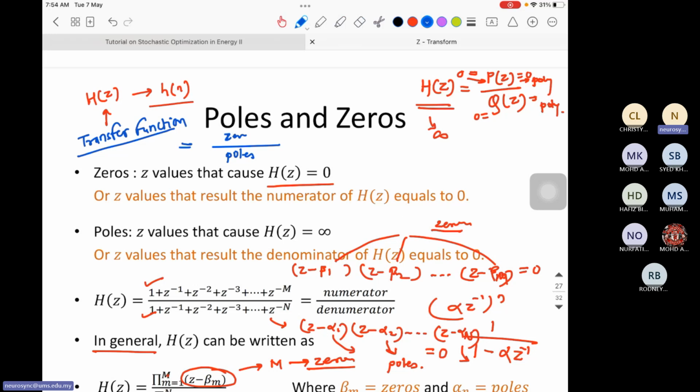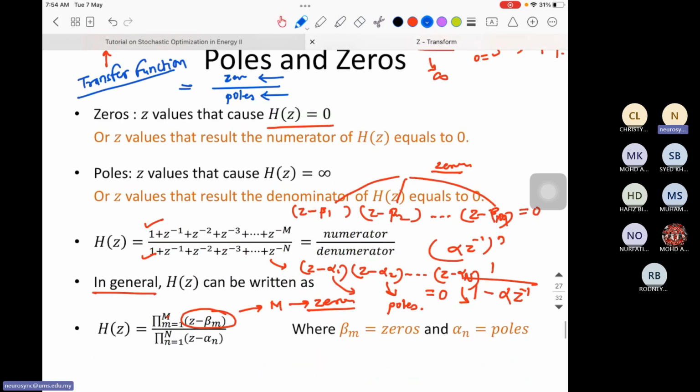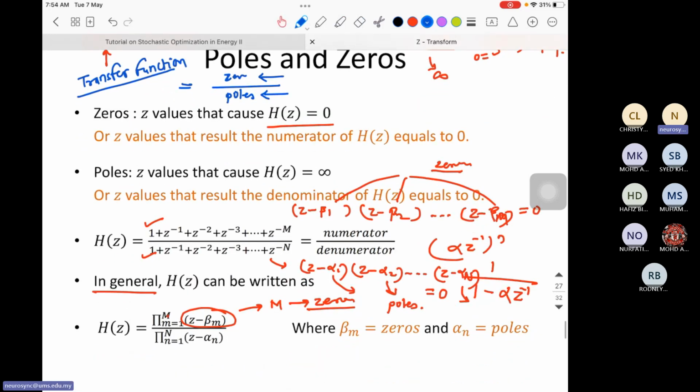The roots of the denominator are called poles, and the roots of the numerator are called zeros. If we represent the polynomial in this pattern, the roots can be easily found.